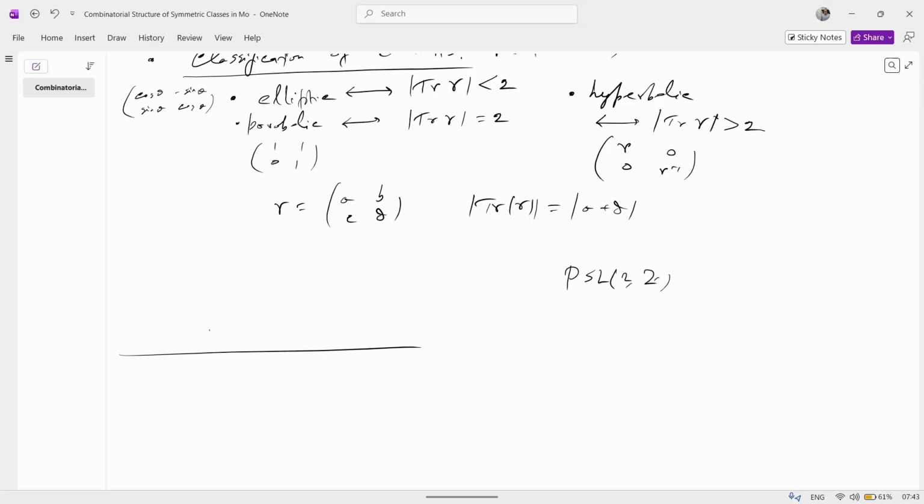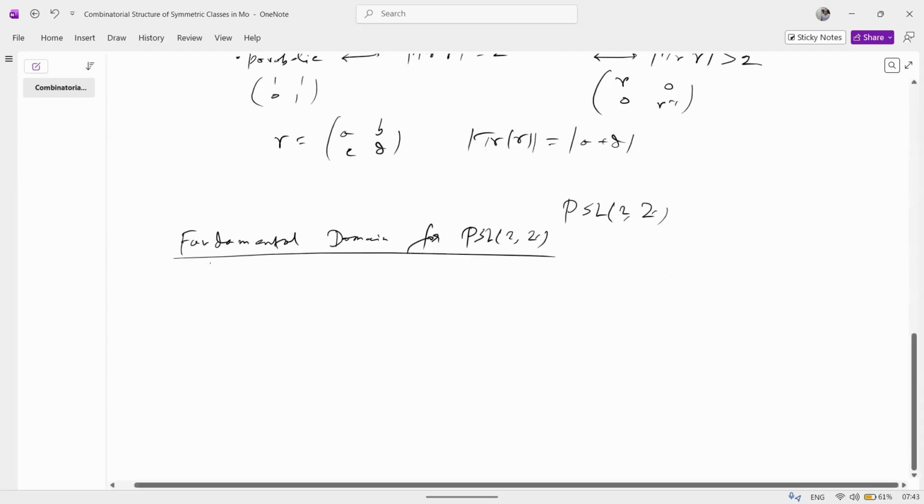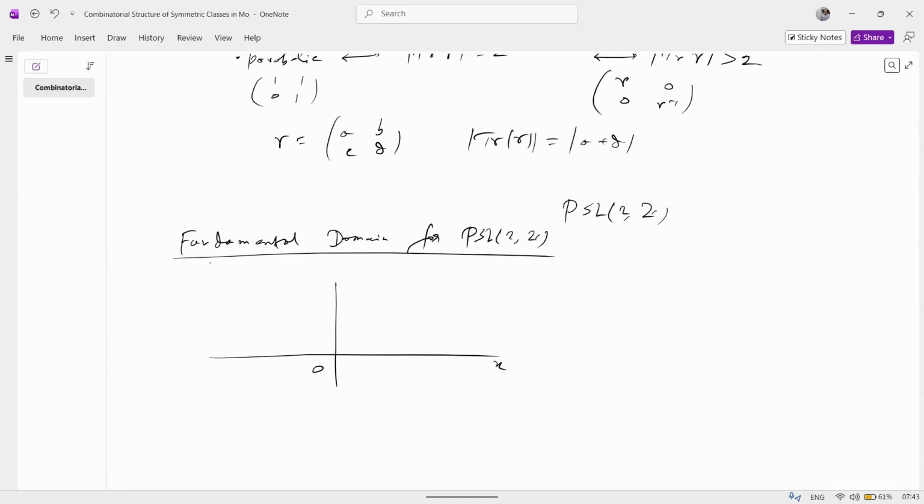So the modular group has a fundamental domain. Here is the fundamental domain for PSL2Z. We have this x-axis, this is 0, and we want to draw the fundamental domain.